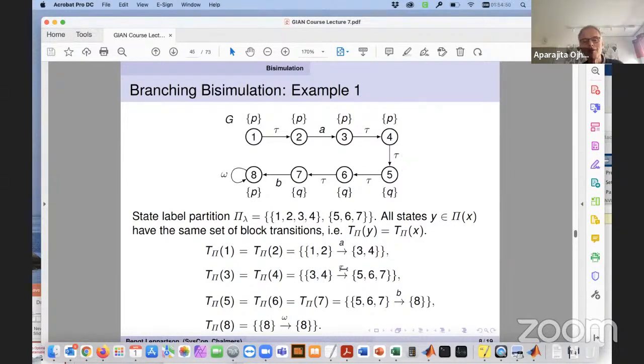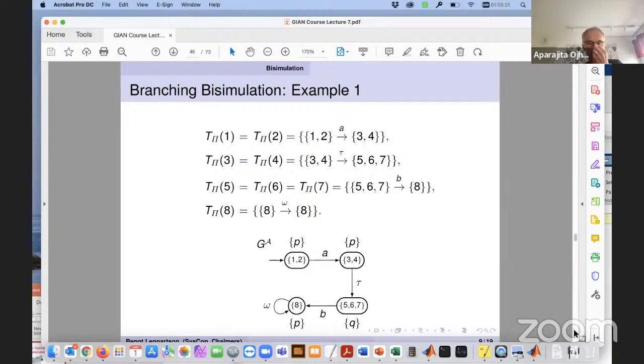So sometimes you cannot get away from the tau transitions. It's not only that you can trust that all events should be visible. There could be some invisible tau transitions, but then it's mainly because you have different state labels. From the last one, it's just that you have a self loop here. And this meant that we got this model in the end.